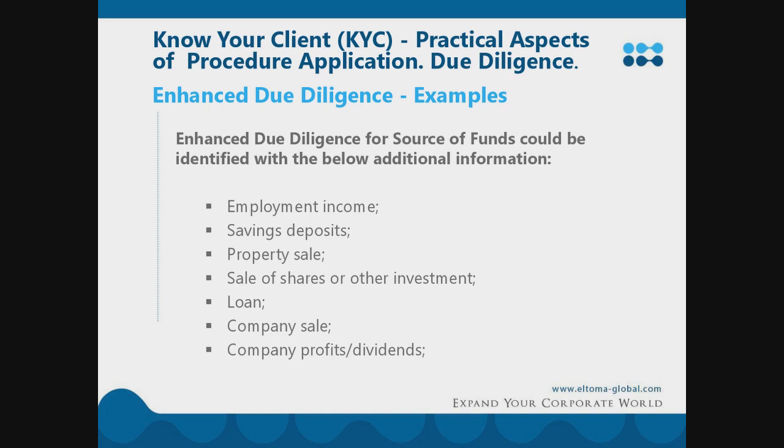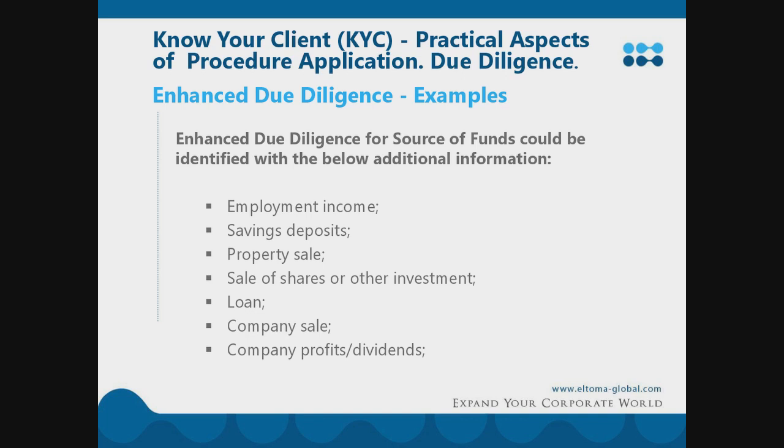Enhanced due diligence for source of funds could be identified with the below information. For example: employment income, savings, deposits, property sales, sales of shares of investments, loan, company sale, company profits, dividends. All these could be proved by relevant documents.